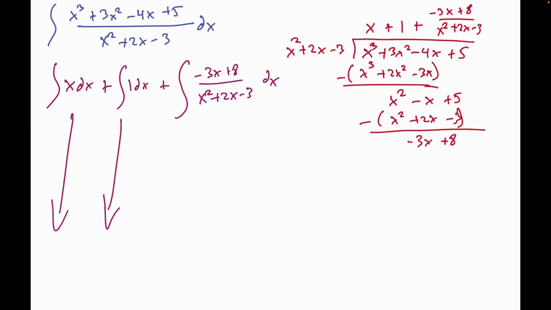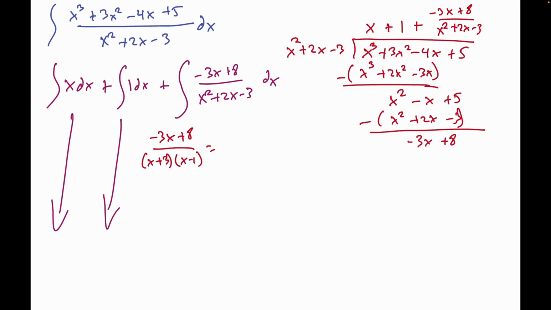So let's leave the integral for a minute and do our partial fractions steps. I should rewrite that bottom into its factors. That would be x plus 3 and x minus 1.